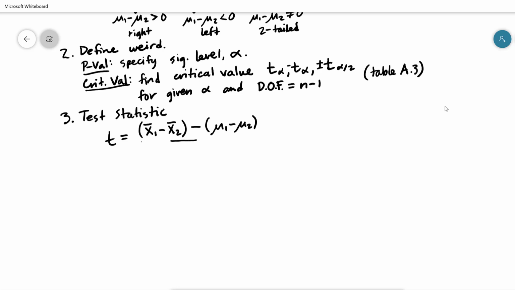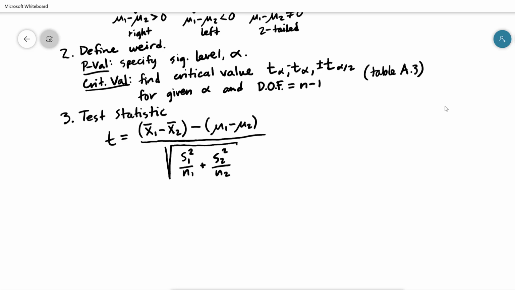Then I'm going to take the whole thing and divide it by the standard error, which in this case needs to combine both pieces of data. So it's going to be s1 squared over n1 plus s2 squared over n2, the whole thing square rooted.